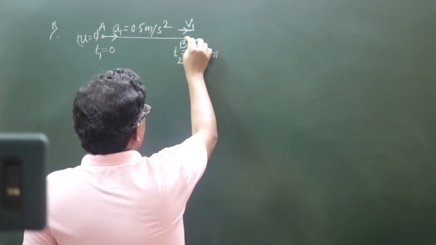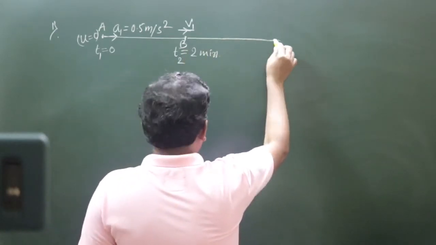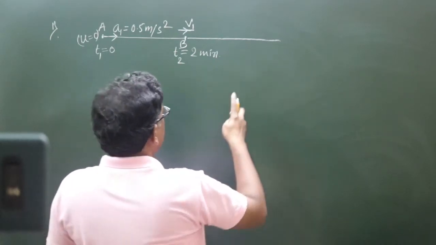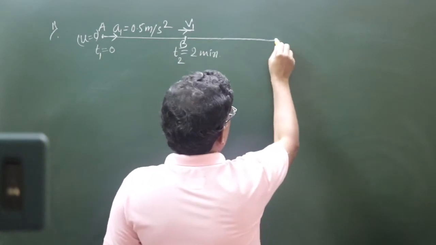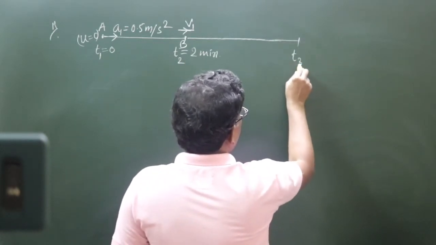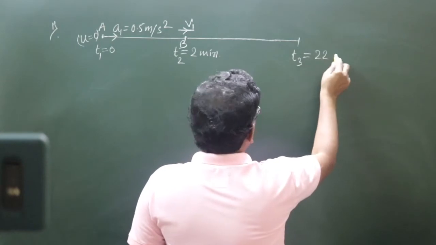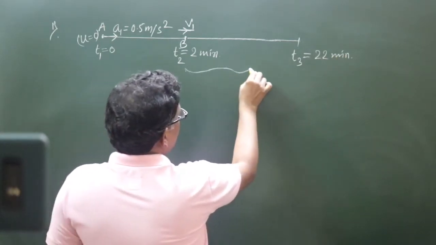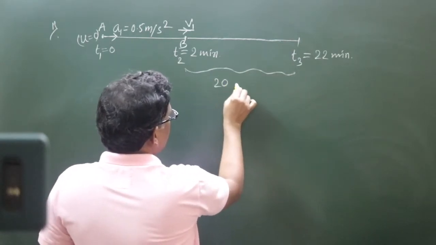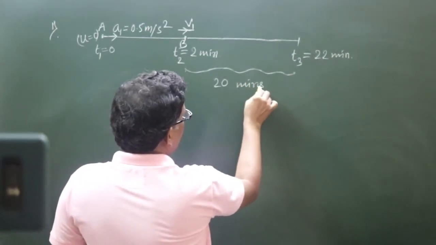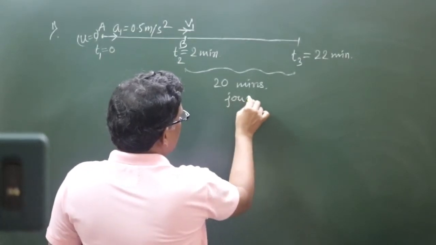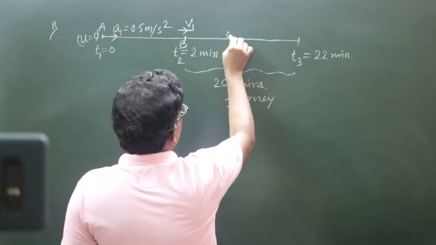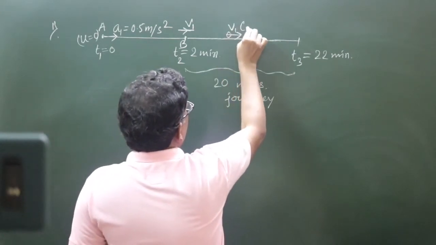With that velocity the train continues at uniform speed for 20 minutes. Starting from t equal to 2 minutes, the third instant is 22 minutes. Why am I saying 22 minutes? Because this journey is for 20 minutes. The second journey is of 20 minutes with v1 constant.